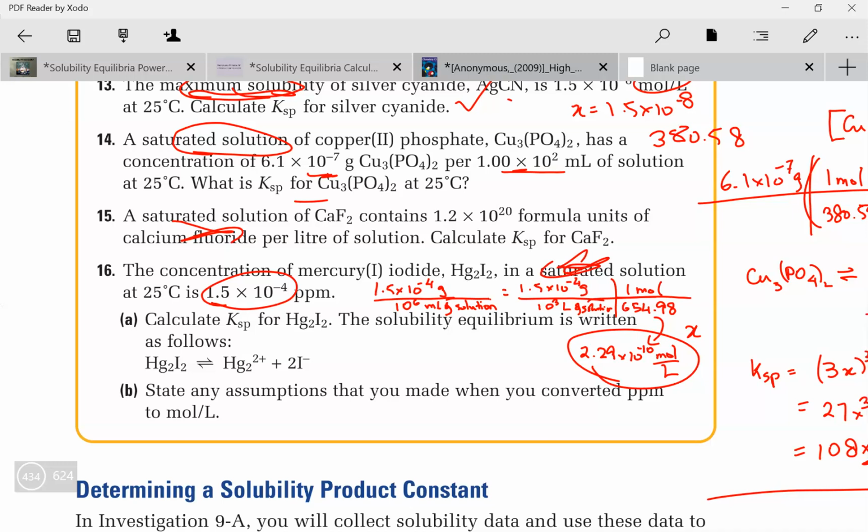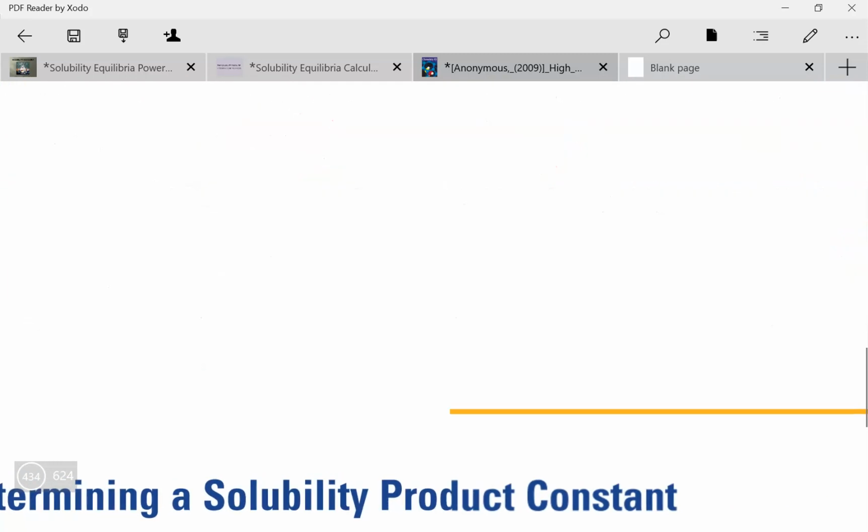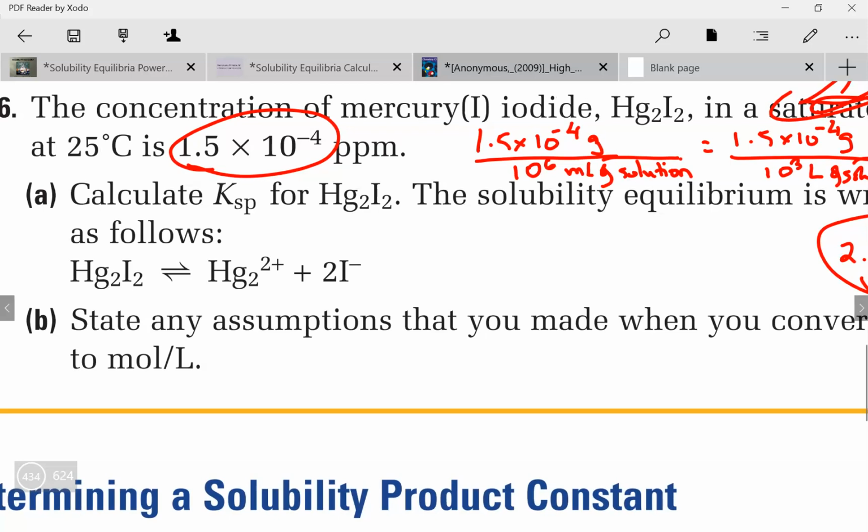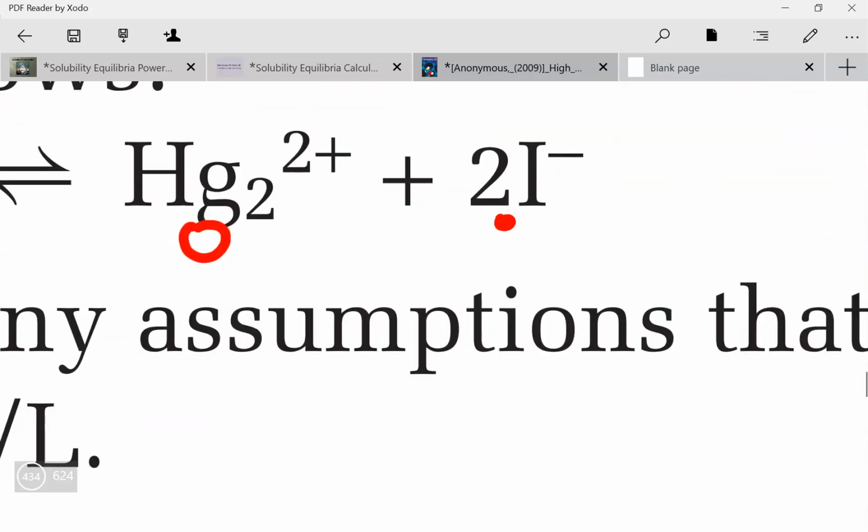So Hg2 2+. Oh, it looks weird like this. I've never seen that before. Well, learn new things every day. So if you write the expression like so, you get 0, 0, plus x, plus 2x.